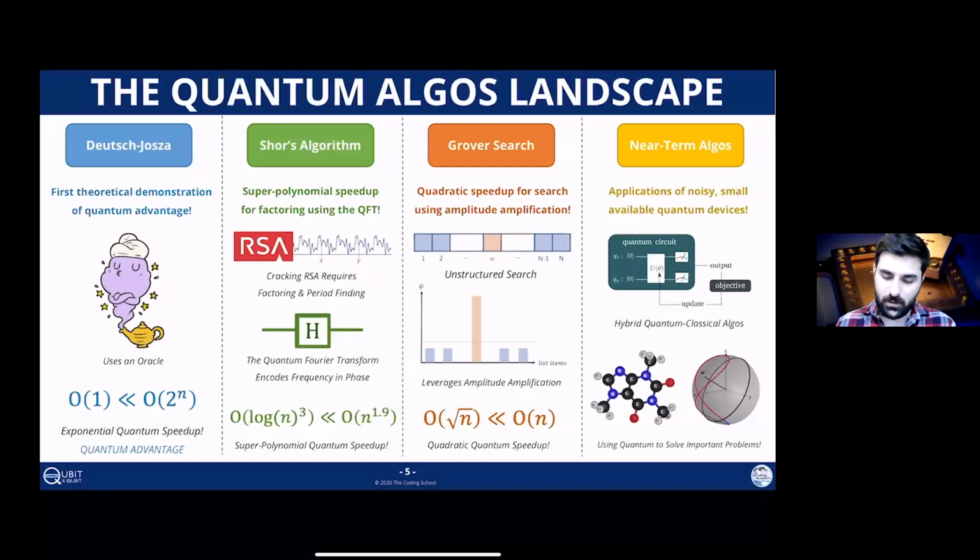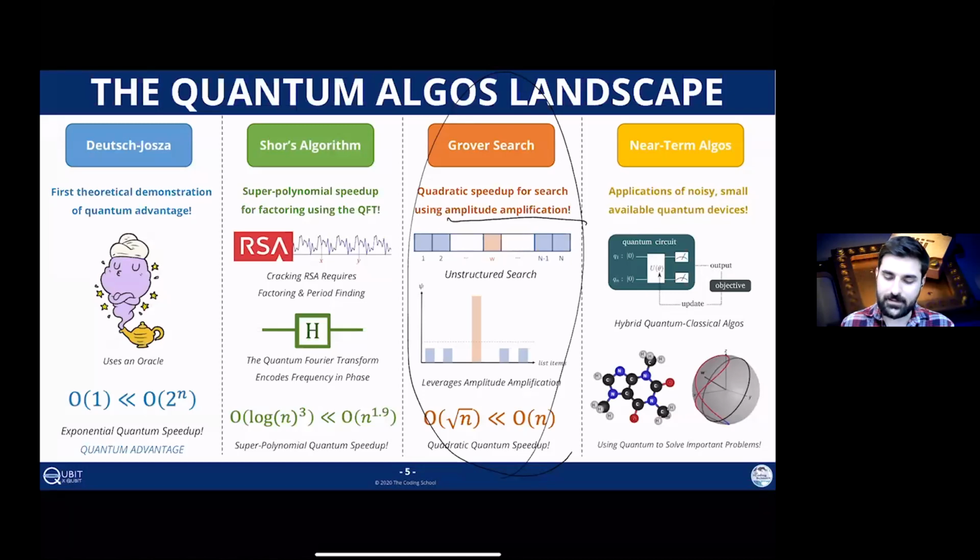Now, the algorithm that we're going to talk about today is the Grover search algorithm, which offers a quadratic speedup for search, specifically searching an unstructured database using a technique called amplitude amplification. We're going to talk in detail about what amplitude amplification means. But the idea here is that if you're trying to search for an element in an unsorted list or an unsorted database, chances are you might have to look through every single element of that database to find what you're looking for.